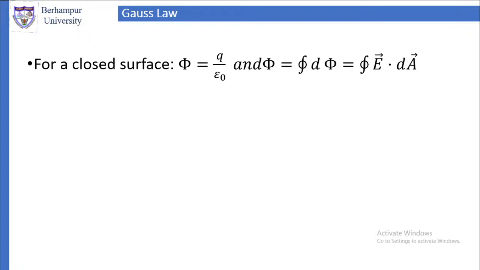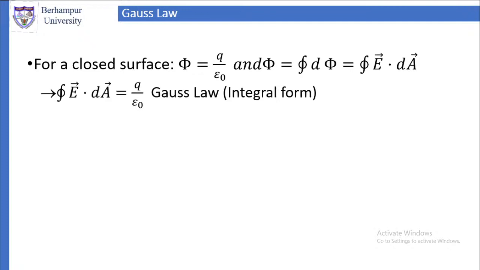Then by definition of flux, we also know phi is equal to integration of d phi over the closed surface, that is equal to E dot dA integrated over the closed surface. So if we equate these two, Q by epsilon 0 is equal to integration of E dot dA over the closed surface. This is called the Gauss law, the integral form of the Gauss law.